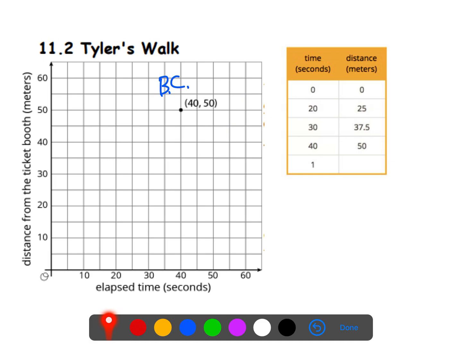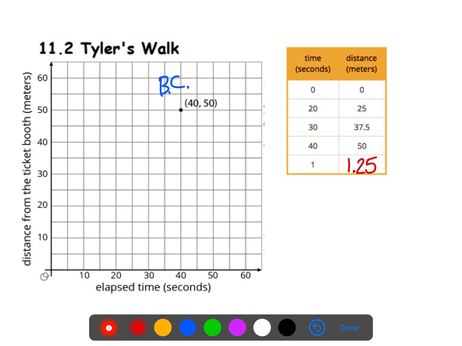I'm going to pick one. I'm going to pick 50 and 40 since that was the point we were given here initially. If I divide 50 by 40 and simplify that, I would get 1.25. Okay, and again, that's my unit rate. So the question asks us to complete the table.